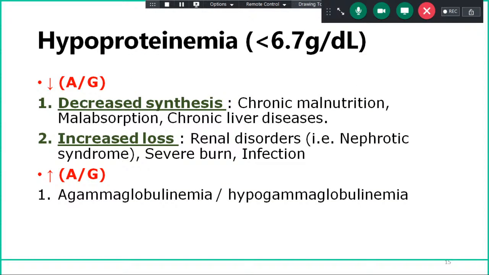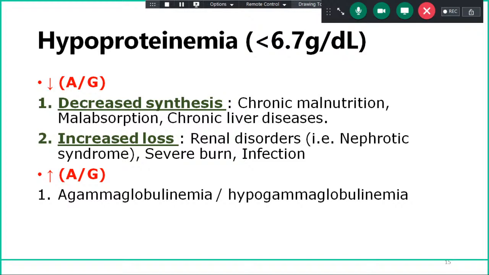So what is the condition of hypoproteinemia? When the total serum or plasma protein level goes below 6.7 gram per dl, this condition is hypoproteinemia. If it is because of a decrease in the albumin fraction, that will lead to a decreased albumin by globulin ratio, and this decrease in albumin may be because of decreased synthesis, as in chronic malnutrition, malabsorption and chronic liver diseases.